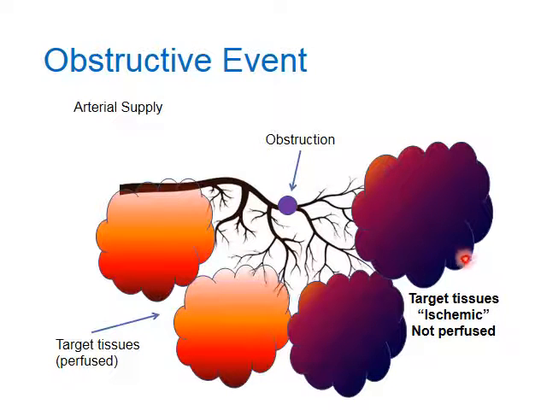So in this example, we have a very big central core of necrotic death going on here, but we could still potentially save some of this area over here because it's still getting a little bit of collateral blood flow. That is what we are trying to save. If we do nothing, then most likely all of these tissues, even the areas that are partially orange, will die as well. And that's what we are trying to prevent.